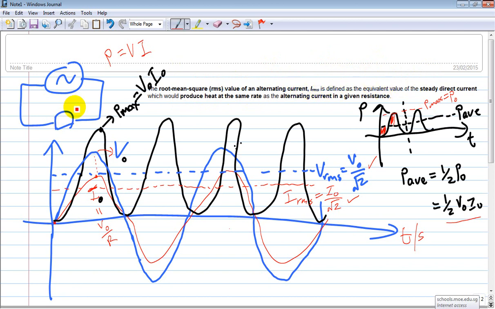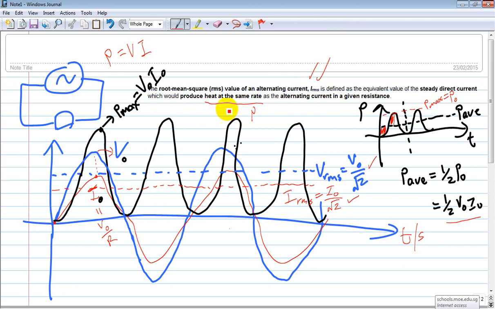So in a given resistance, the IRMS value is the equivalent value of a DC steady state current that will produce the same heat as the alternating current, which is the black power line. Producing heat at the same rate means power, so the DC version must produce the same power as the AC version. That's what this definition is trying to talk about.